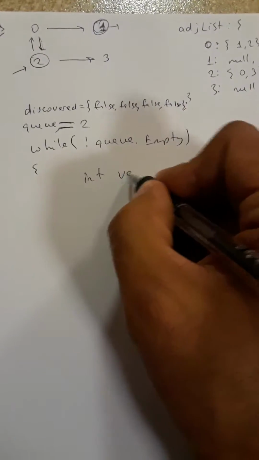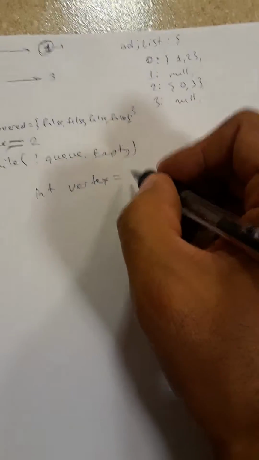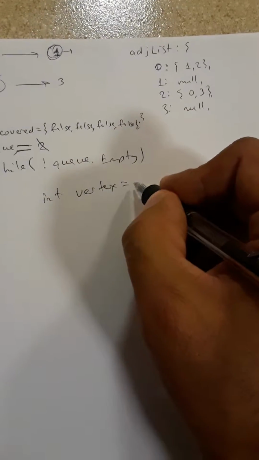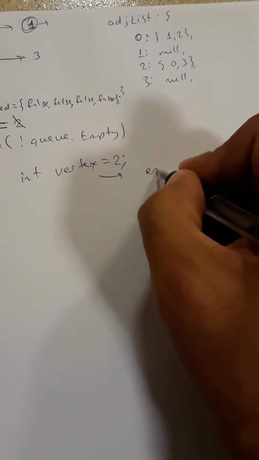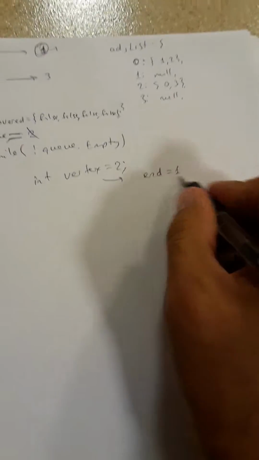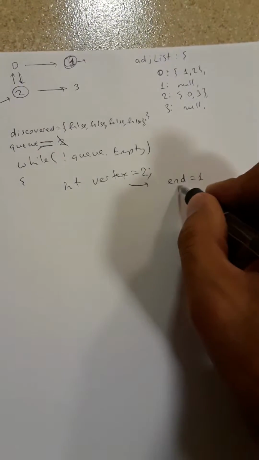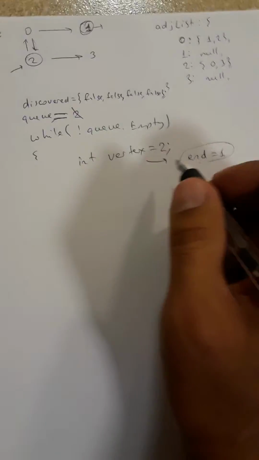In the while loop we'll declare another variable, vertex, which will be filled with the value from the queue. So from the queue we'll pop this value and assign it to vertex, and then we'll check if vertex is equal to endpoint, which is 1. Once it is equal to endpoint, we will return true. Otherwise we continue to run our while loop.